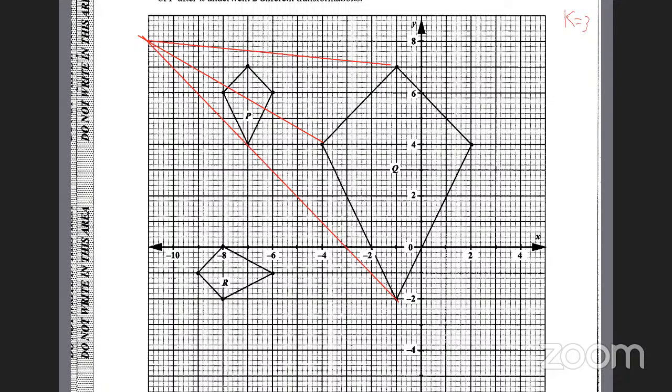So you're getting what there? (-11, 8). You're seeing that? So to fully describe it, it's an enlargement by a scale factor of +3 about the center (-11, 8).